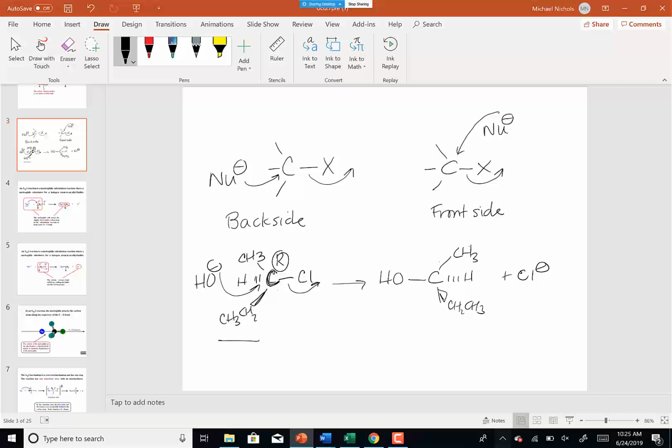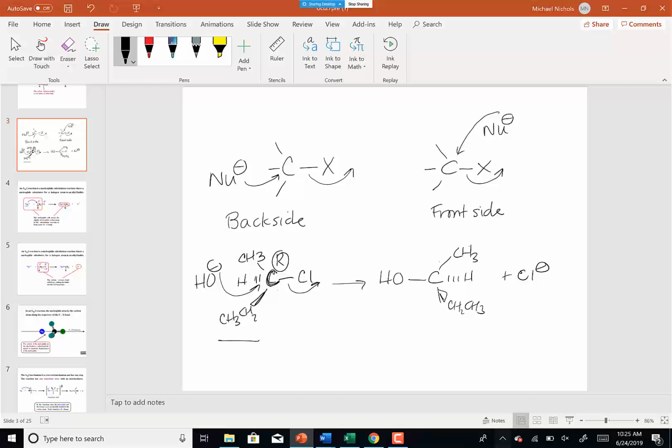One of the examples you can kind of think of, and this doesn't necessarily work out all that well, is that these groups are like an umbrella being blown inside out. They go from being oriented to the left to being blown inside out on the other side.